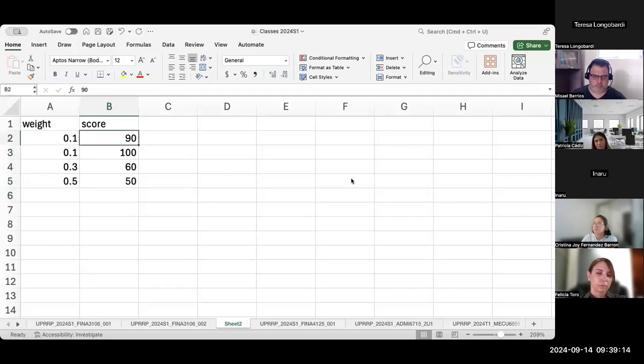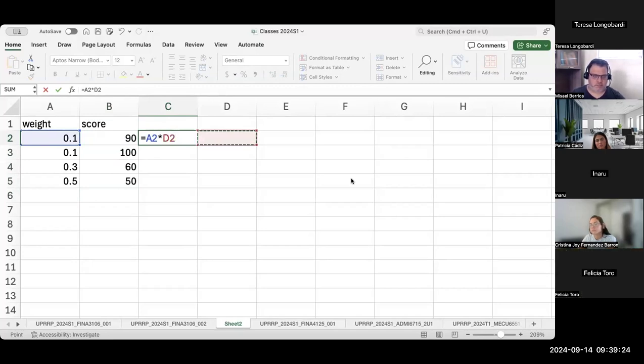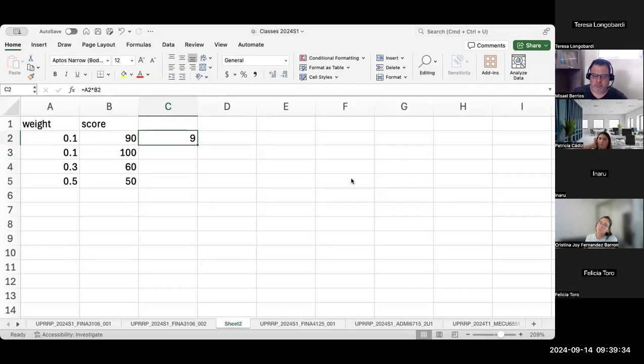So I'm going to put in here a formula with an equal sign, and I'm going to tell it to take this cell and multiply with the asterisk with the B column. See, by using Excel like this, if you have problems, let me know. Not everybody knows Excel. So by doing that, I can just copy down.